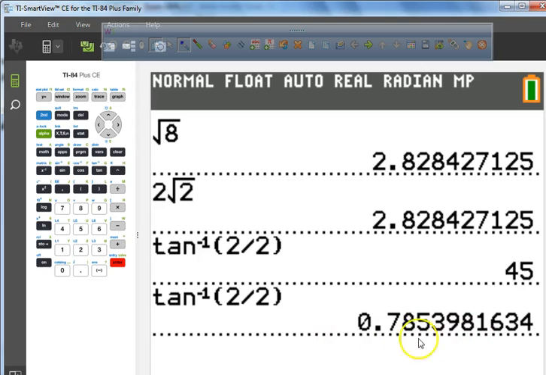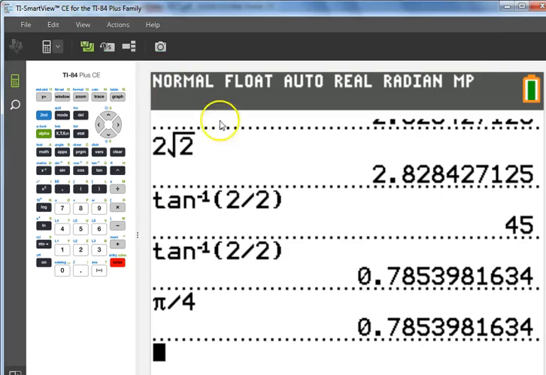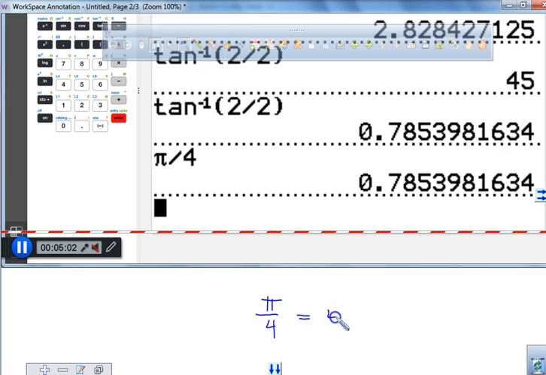Now that's in radian mode. By the way, watch this. Pi divided by 4. By the way, if you guys look at your little chart that we made many weeks ago, what is pi over 4 equivalent to in degree mode? 45 degrees.